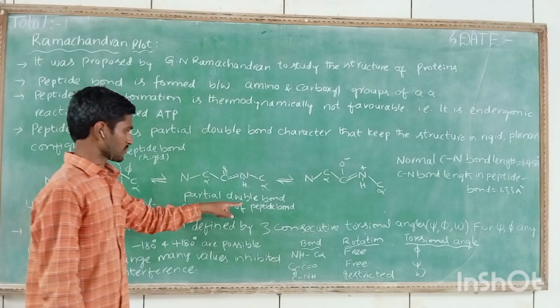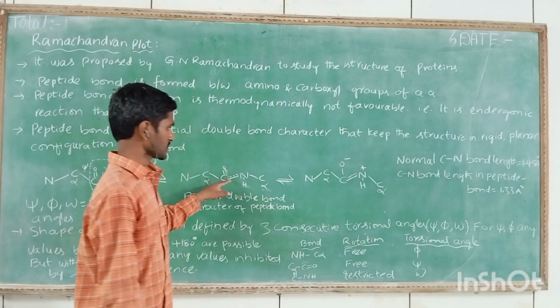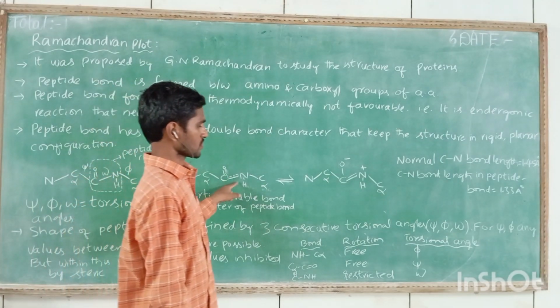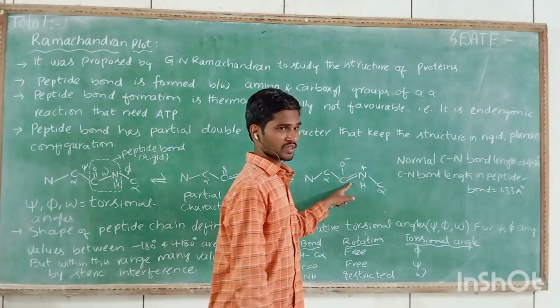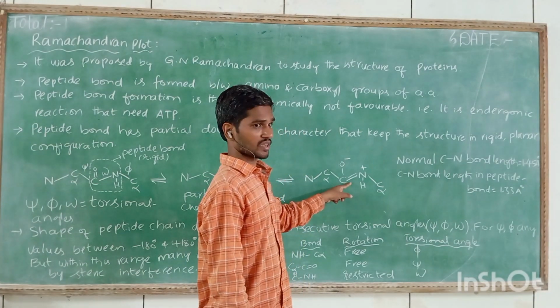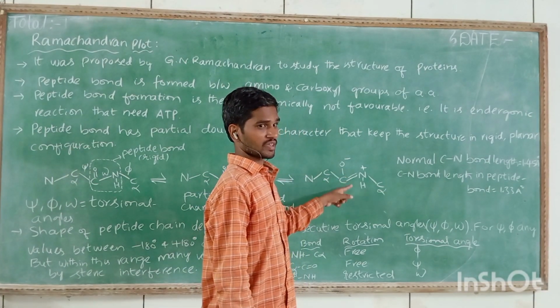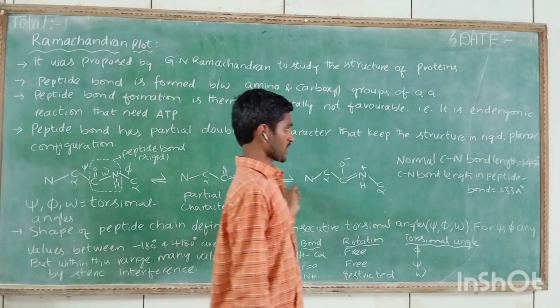So the partial double bond character of the peptide bond can be seen in this figure. This is another canonical form showing partial double bond character in the peptide bond.